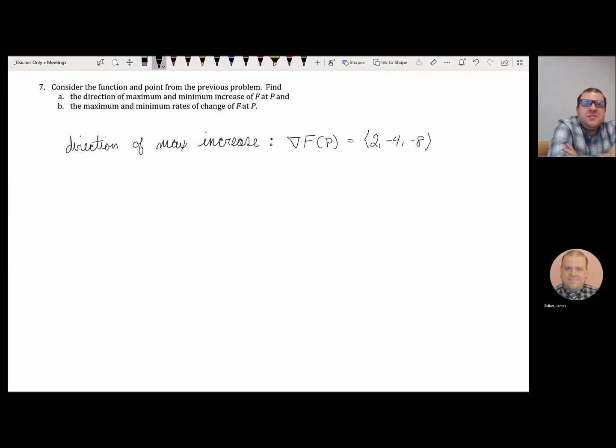There's your direction of maximum increase. Direction of minimum increase. What do we think? Just the opposite direction.